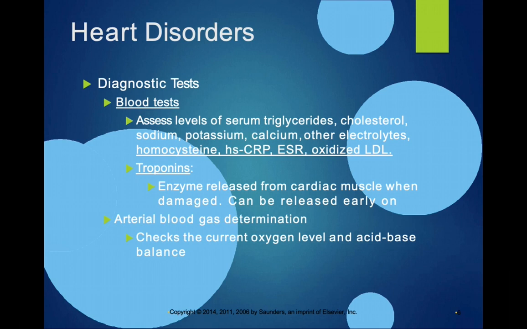One of the new black box warnings on some of the statin drugs, you'll hear me talk about statin drugs in a bit, are dementia-like symptoms, because the brain isn't functioning very well without the 20-25% cholesterol that it needs.